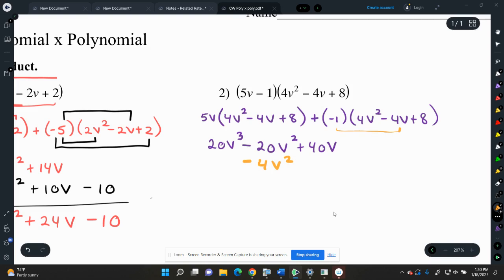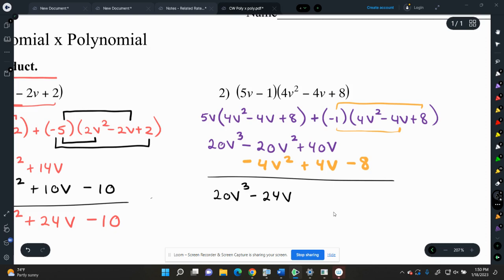Negative 1 times negative 4v gives me positive 4v. And negative 1 times 8 gives me negative 8. We're going to combine our like terms. We get 20v to the third minus 24v squared plus 44v minus 8, and we're done.